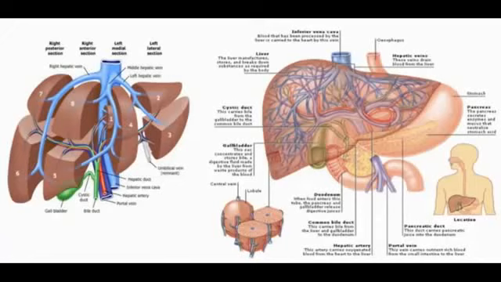And it synthesizes angiotensin. This is the main substance which regulates our blood pressure. So these are the main functions of the liver. As I told you, there are more than 500. Then we go to the next slide.